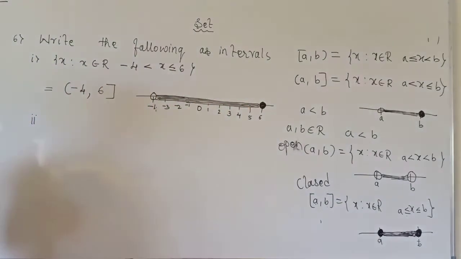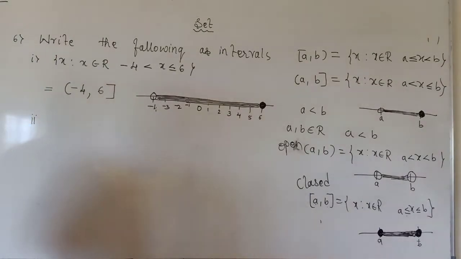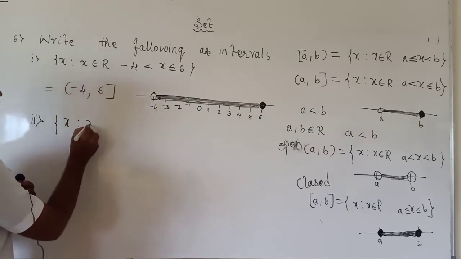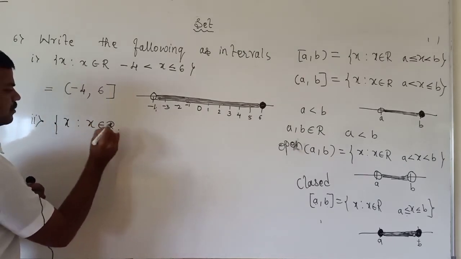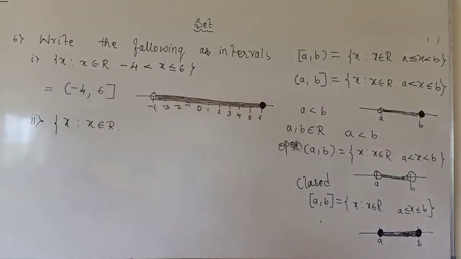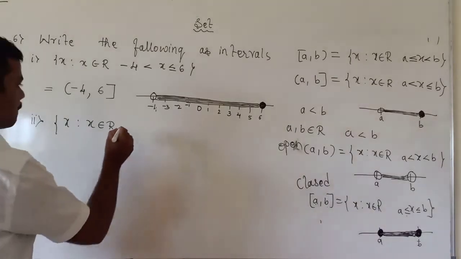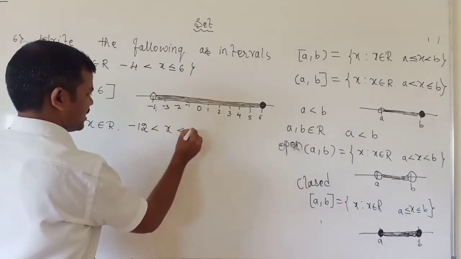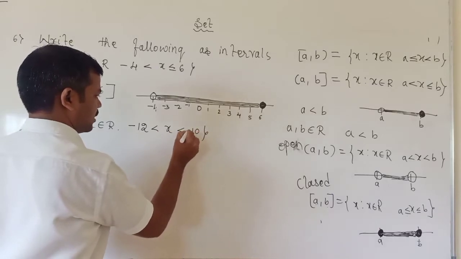So this is a diagrammatical representation of the interval. Next we move to the second problem, that is x such that x belongs to the real numbers, minus 12 to minus 10.